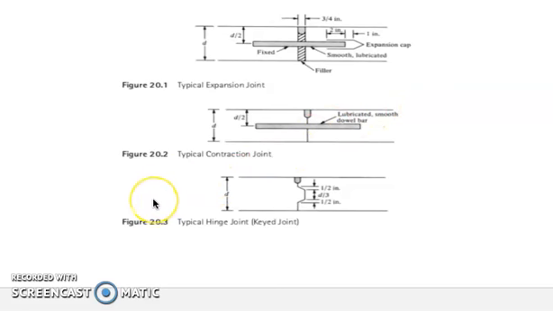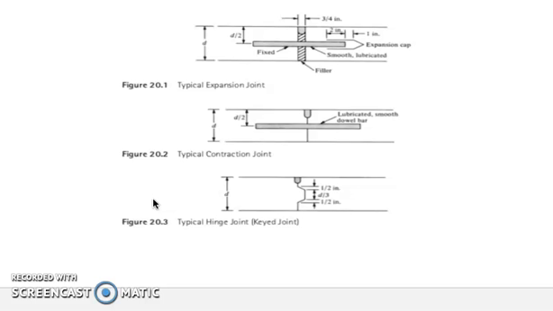Then we have the contraction joint. We have to take note that concrete pavement is subjected to a decrease in temperature, and the slab will contract if it is free to move. Prevention of this contraction movement will induce tensile stresses in the concrete pavement. This is the main reason why we have to place contraction joints.